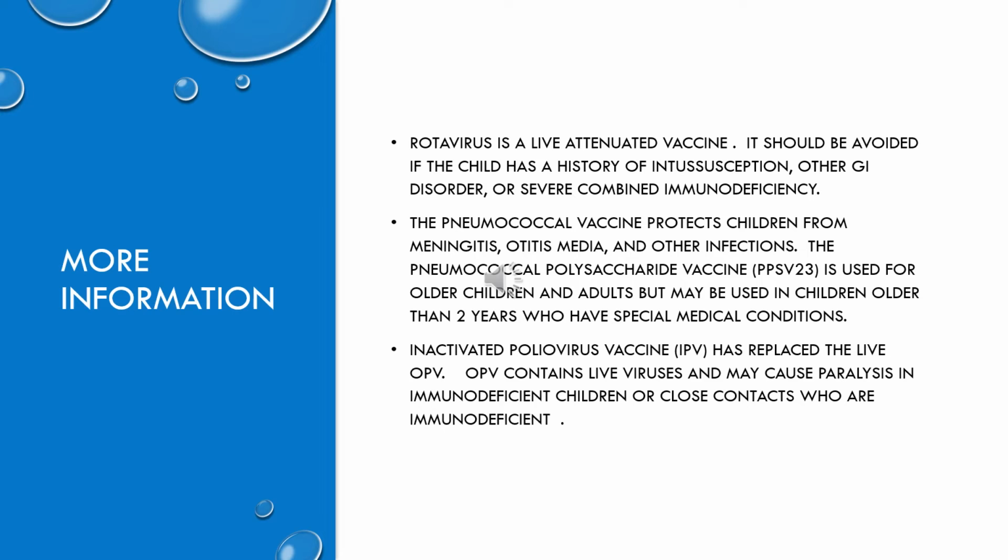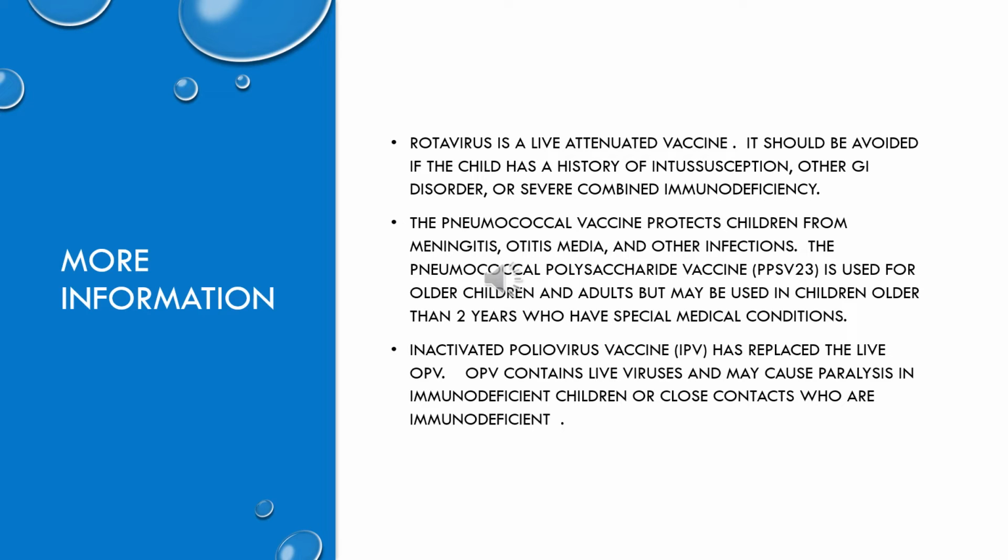And a little bit more information for you. So the rotavirus is a live attenuated vaccine. It should be avoided if the child has a history of intussusception, which is a condition that happens in the intestine where it kind of folds in on itself, kind of like a collapsing telescope. And it also should be avoided in children with severe GI disorders or severe combined immunodeficiencies.